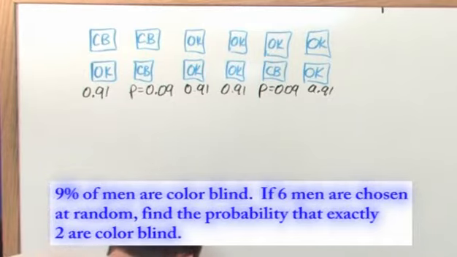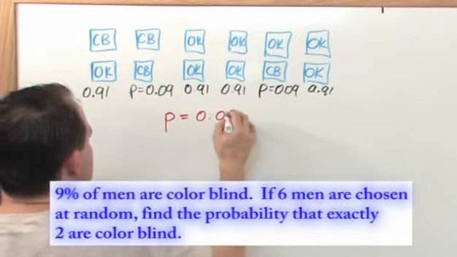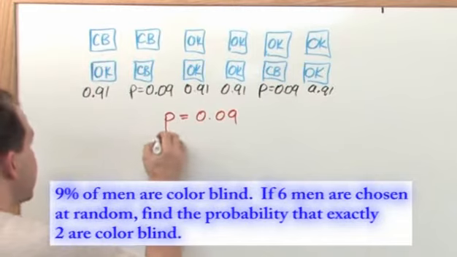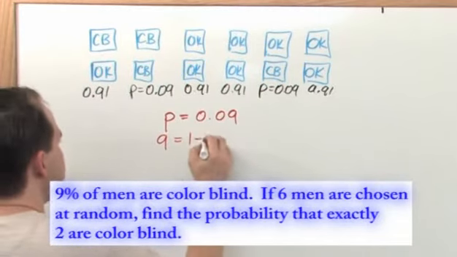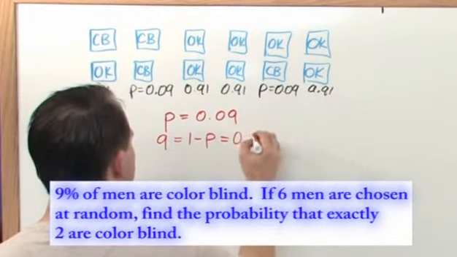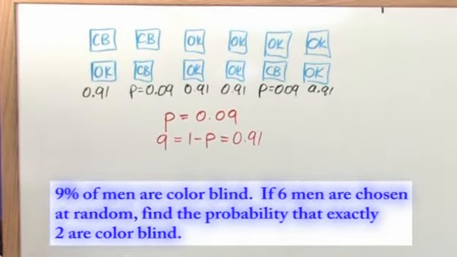So let's go ahead and write this down with certainty. We know from the problem that the probability of being colorblind is 0.09. And we also know that the probability Q, which is exactly equal to 1 minus P, is 1 minus 0.09. We already talked about it, 0.91. So here we found 2 of the parameters that we need to use the binomial probability distribution. What else do we have to know?